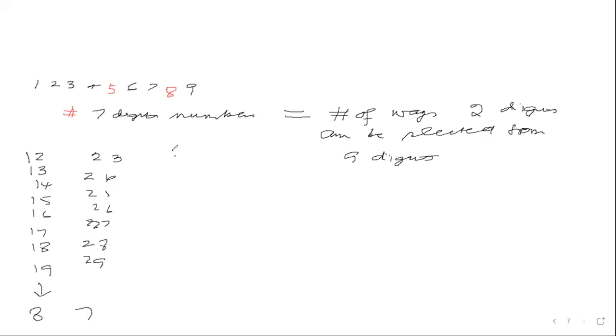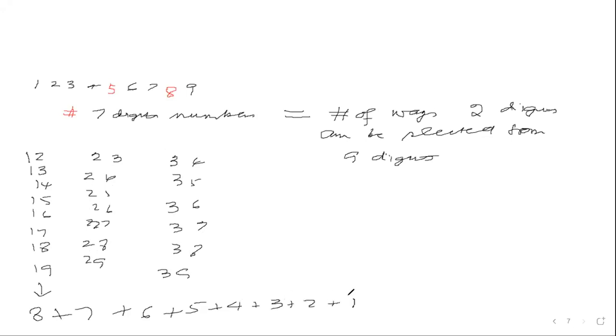Okay, so that takes care of the 2's. And you can do the same thing with the other numbers. If you take 3, 4, 3, 5, 3, 6, 3, 7, 3, 8, 3, 9, there's another 6. So you can go on like this. So how many pairs are there? It's 8 plus 7 plus 6 plus 5 plus 4 plus 3 plus 2 plus 1. At the last stage, the first digit is 8, and 9.